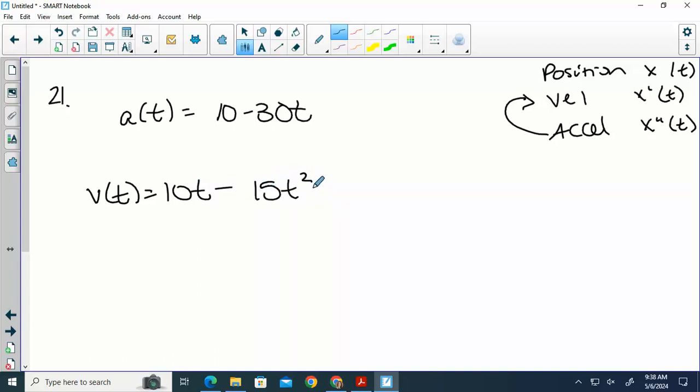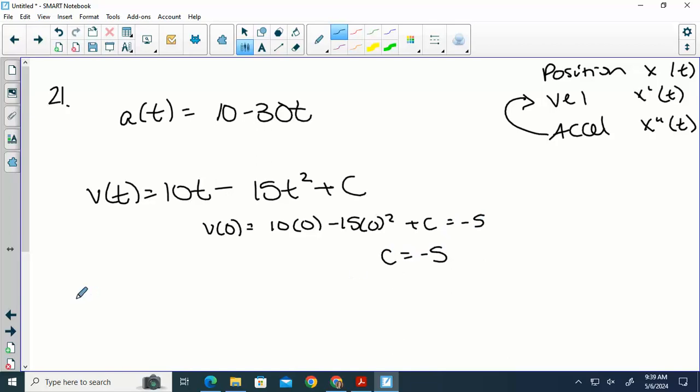What do we need on the end? Okay, but I gave you some information to find c. I said v of 0 is equal to negative 5. That means if you plug in 0 for all of your t's, we get negative 5. So c is negative 5, so my actual velocity is 10t minus 15t squared minus 5.